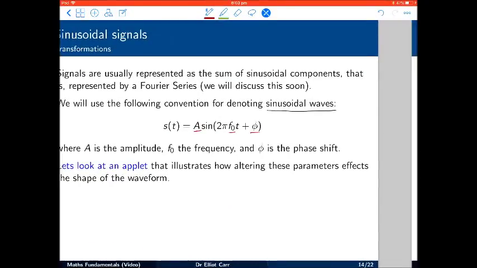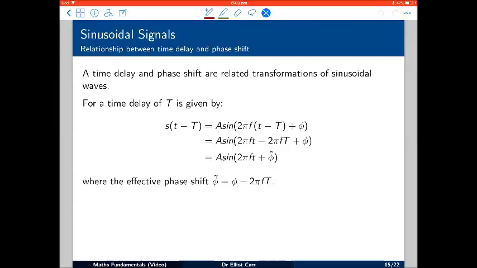So another important concept in sinusoidal signals is the relationship between the time delay and the phase shift.